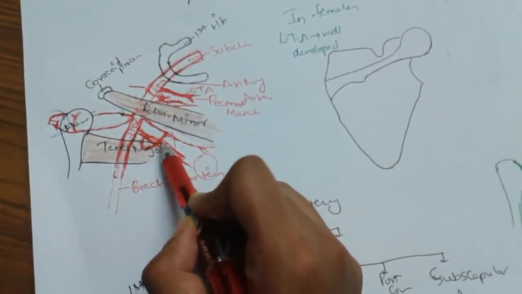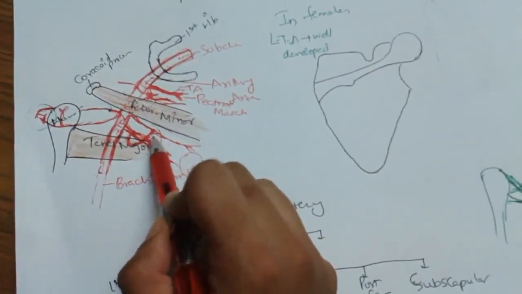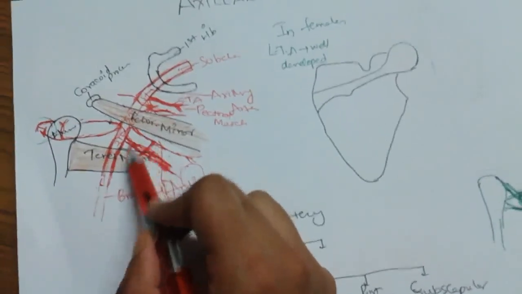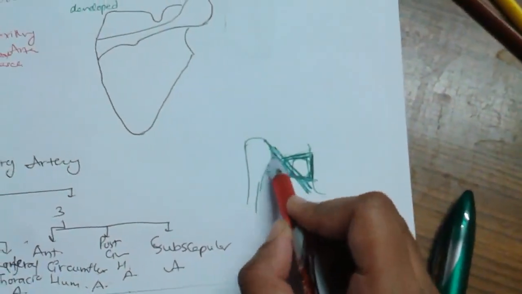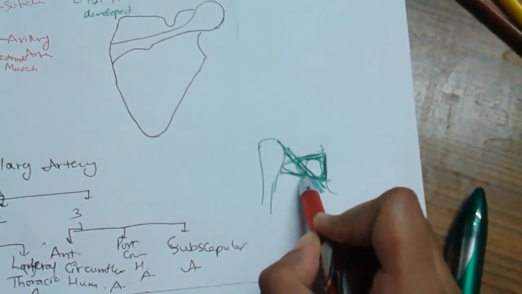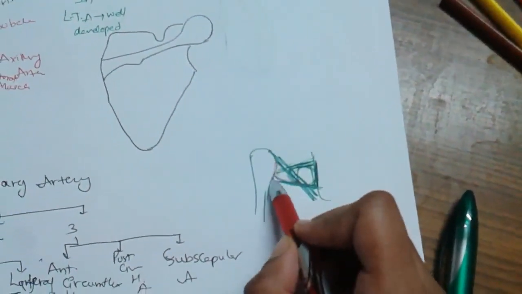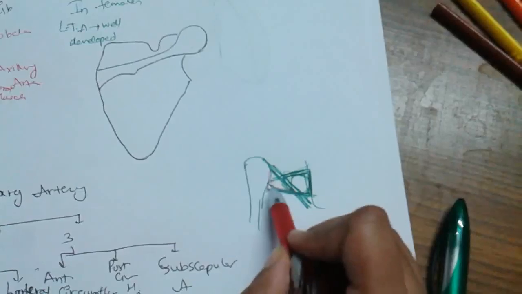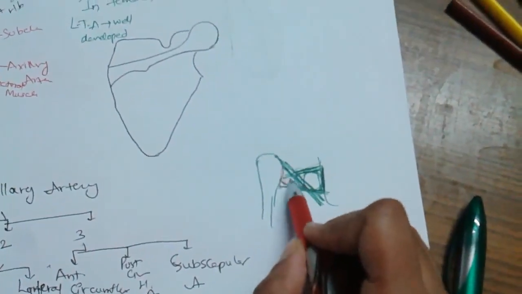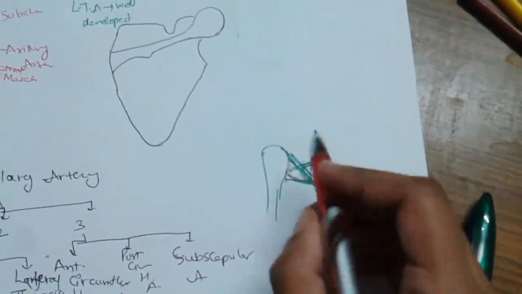This circumflex scapular artery passes through the upper triangular intermuscular space. So what is the upper triangular intermuscular space? See, this is the upper triangular intermuscular space, which you can see here. This one is bounded by the surgical neck of humerus, long head of triceps, and teres major. So it passes here. So what did we see?